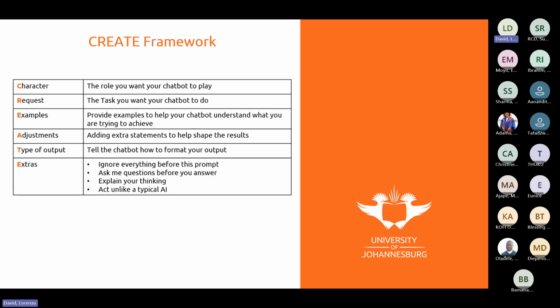What it will do is actually ask you clarifying questions about things that may be a bit vague to it. And once you answer those questions, it will generate a much more clear output. You can ask it to explain your thinking, as well as to act unlike a typical AI. We can come up with our own extras, and there are many that we can find online to help us with this.